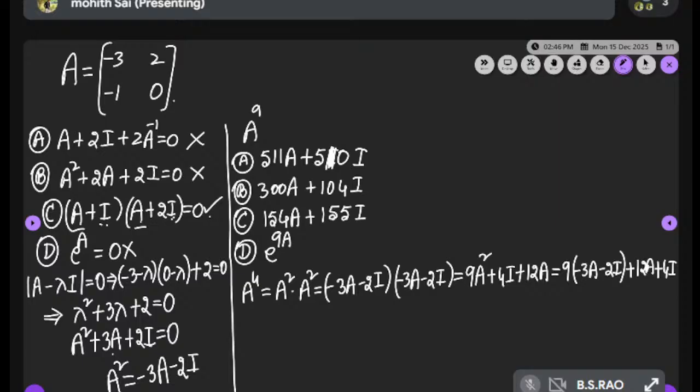So this is equal to: 9 into 3, minus 27A plus 12A, minus 15A. Next, minus 18I plus 4I, minus 14I.